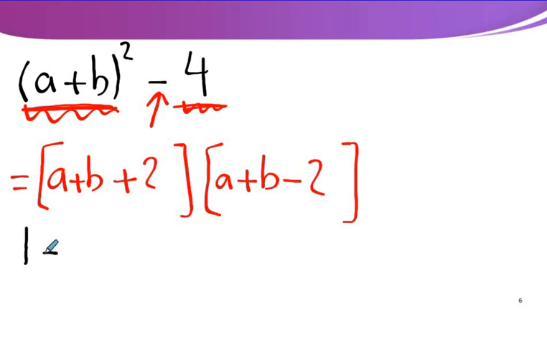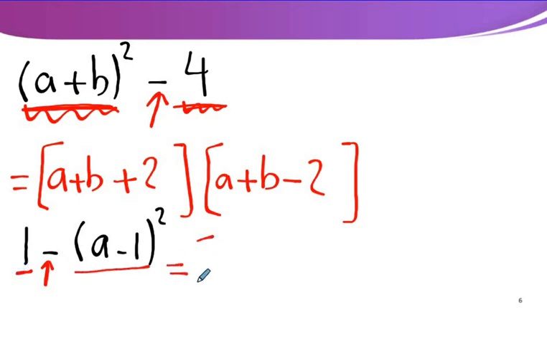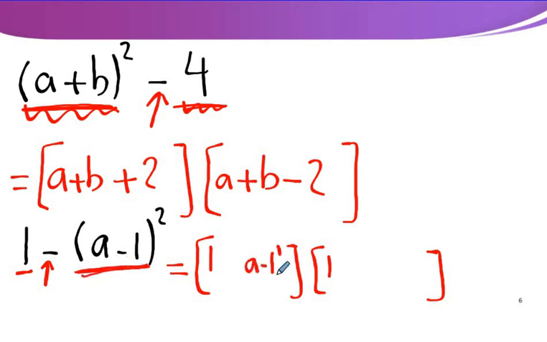1 minus (a minus 1) all to the power 2. Also, this is difference between two squares. So, I will open two brackets like this. The square root of the first is 1. The square root of the second is a minus 1.